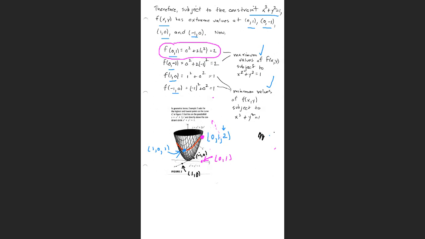And then you have a point here, which is (0, -1), and that's going to yield another maxima value over here. So I hope this was helpful.